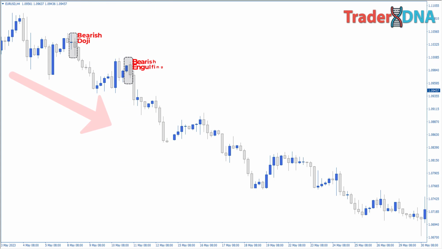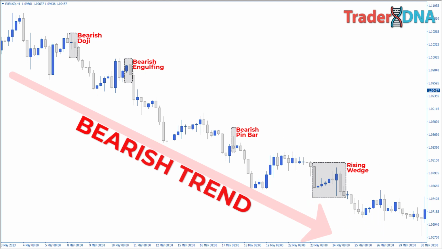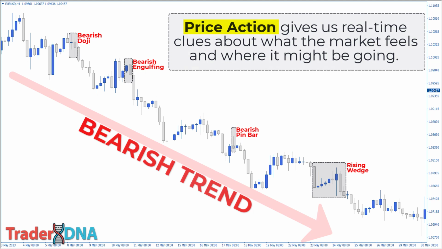Also, what's special about price action trading is that it focuses directly on how prices move, not on slower indicators. This lets traders make quick decisions based on what's happening right then in the market, instead of using models that might be slow to react. Unlike strategies that rely on indicators, price action gives us real-time clues about what the market feels and where it might be going.